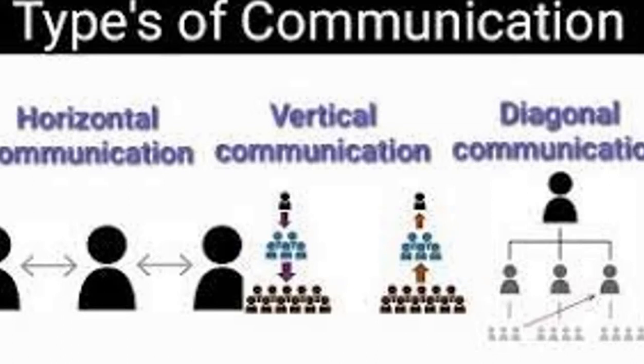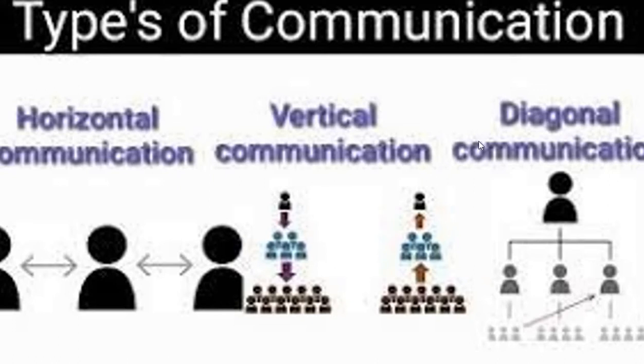Because an organization is a group of people, we have to communicate with each and every one. So when people from different departments are talking to people from different departments, in the upper hierarchy and lower hierarchy, that is called diagonal communication.